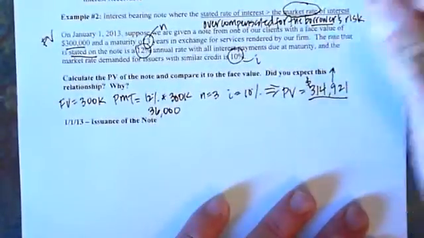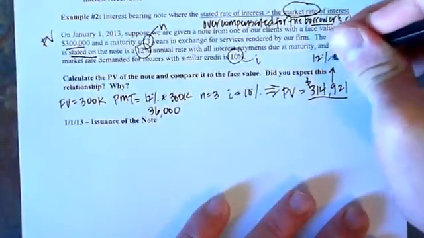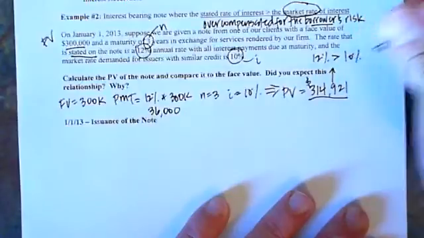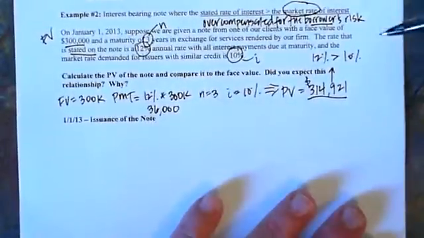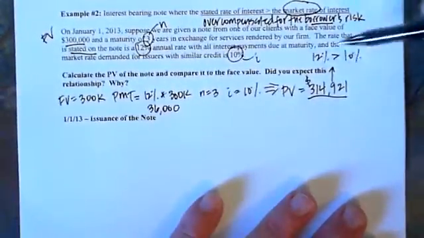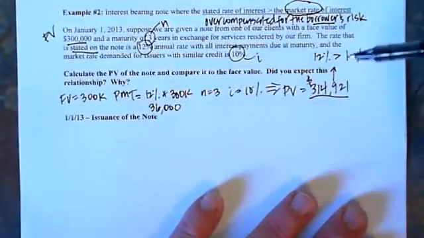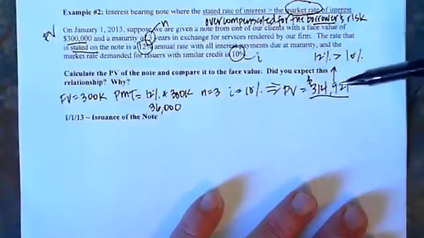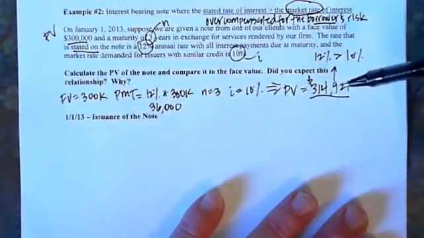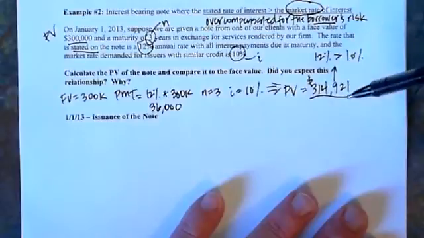And the answer is because I'm getting a 12% payment when all I really need is 10%. And because of this overcompensation of interest, because I'm getting $36,000 when really all I'd be demanding is $30,000, then I'm willing to pay a little bit extra today to get the rights to that note, right?